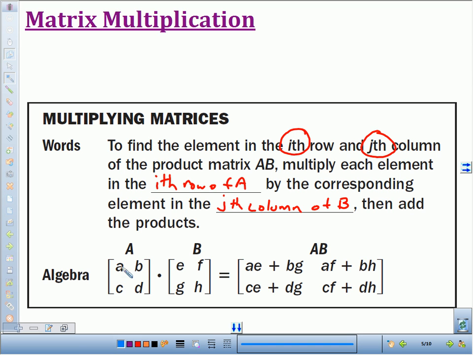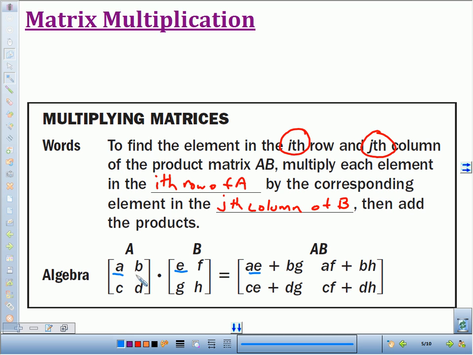Now, as we can see, I have matrix A times matrix B. And here's how this works. The first element of the first row in A is A. I'm going to multiply it by the corresponding element in the first column of B. So I'm going to multiply A times E, and that's what I got here.